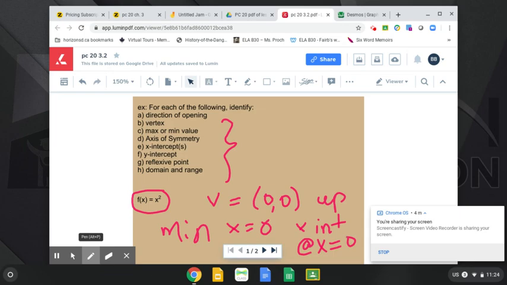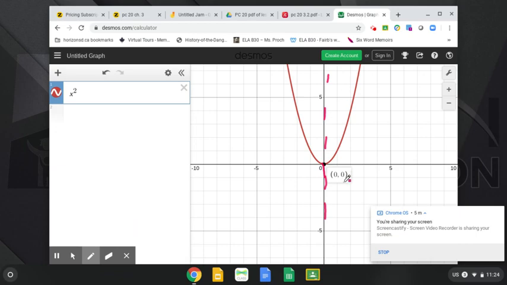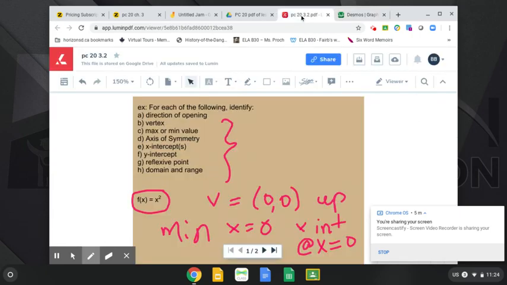Y-intercept would be where it crosses the y-axis. Looking at this graph again, it crosses the y-axis right at y equals 0, so I can put y-intercept at y equals 0.